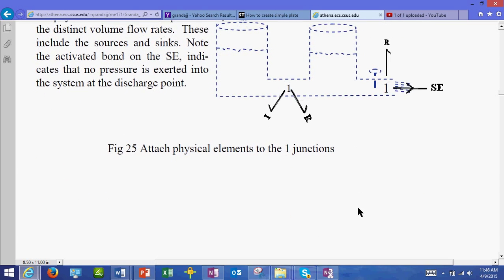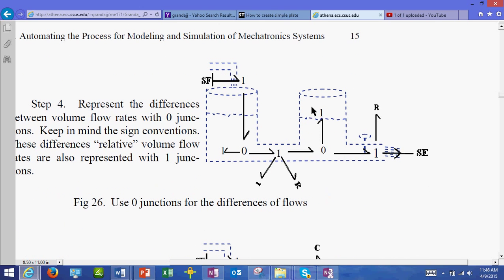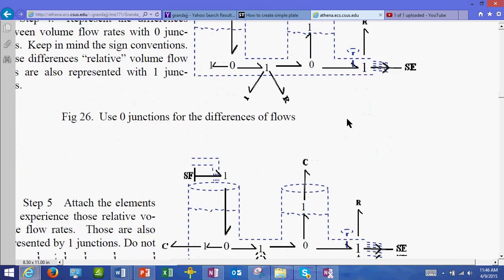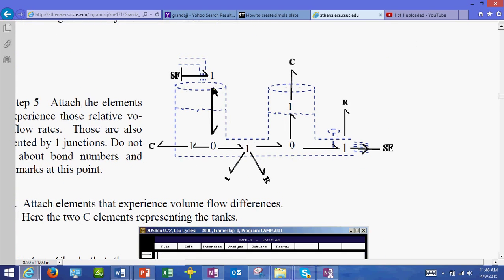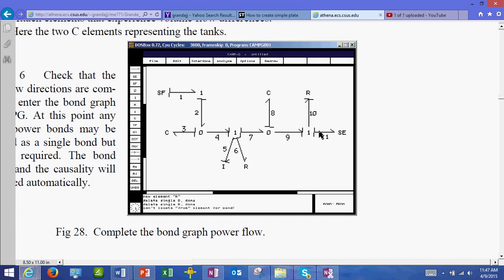But you see, after you do this, we're going to create the flow differences with this, and the flow difference between these two. And then we're going to attach the elements that see those flow differences. In this case, the C here and the C over here. And we are done with this process.